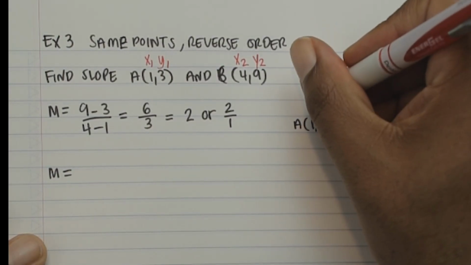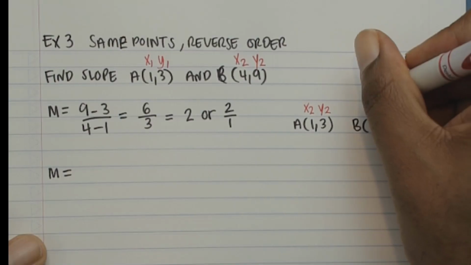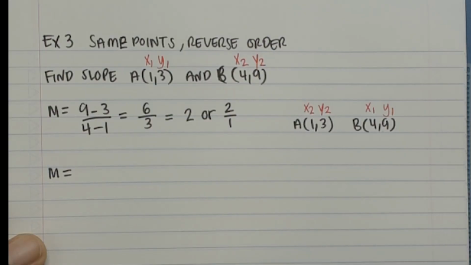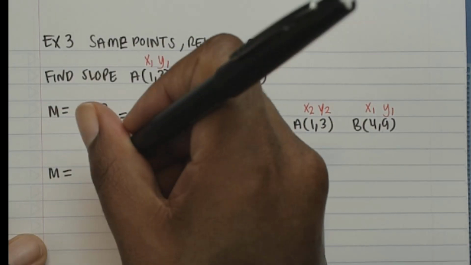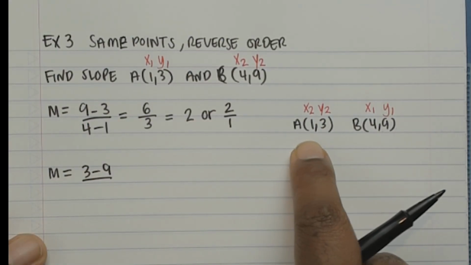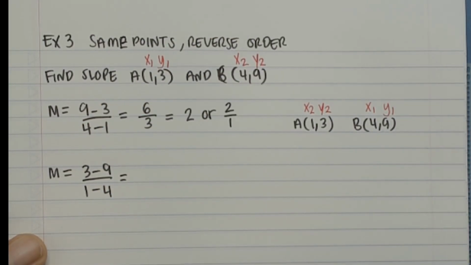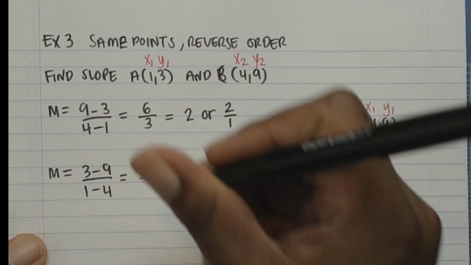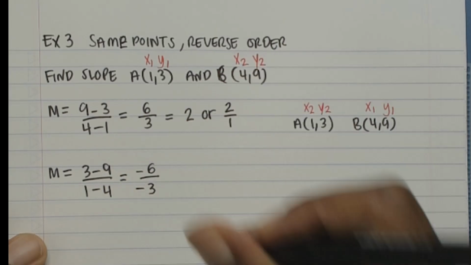Let's say this is x2, this is y2, this is x1, this is y1. So in replacing this, we're going to say 3 minus 9 over 1 minus 4. 3 minus 9 is going to give me a negative 6. 1 minus 4 is going to give me a negative 3.